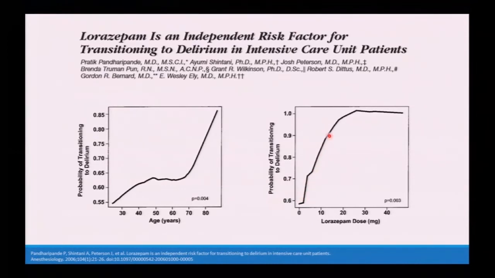And that risk or probability increases exponentially as you use lorazepam, reaching 100% around a 20 milligram cumulative dose. So even a dose of lorazepam can be a risk factor for developing delirium.